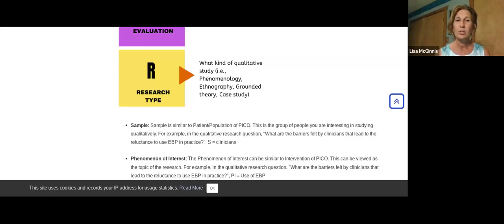However, I do need you in this section to be sure that you're explaining to me that you know what grounded theory is. How do you know that this specific type of research was a grounded theory study? That's what I want to see there. It doesn't need to be a long explanation, but it does need to be a couple of sentences so that I know what you know.